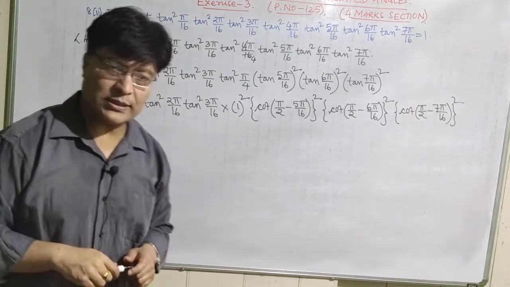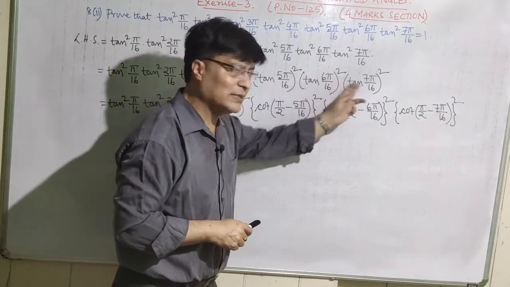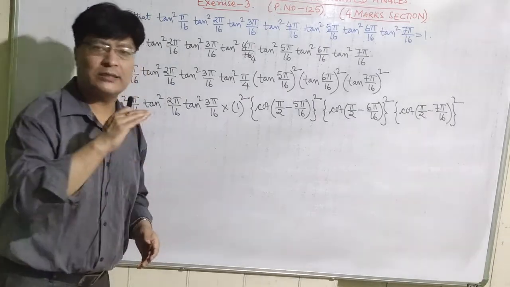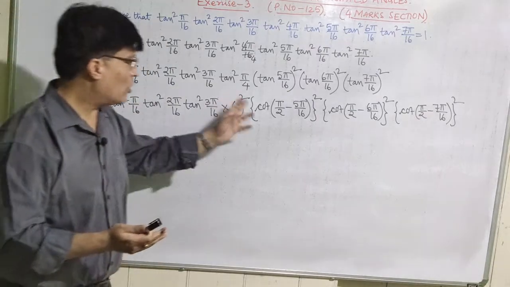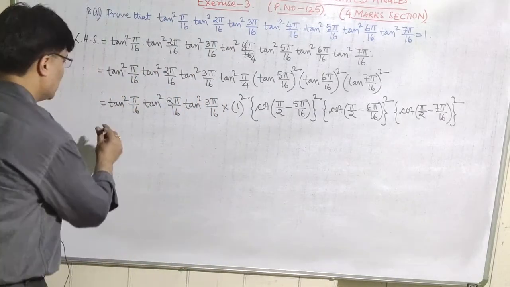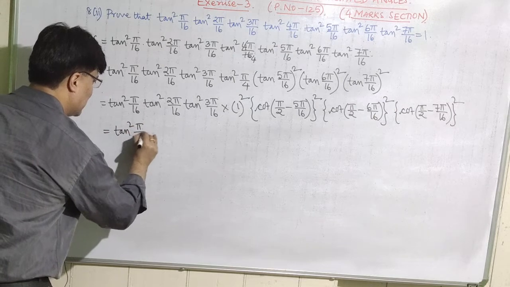So I think you have understood it. So we have converted these last three tan in terms of cot by writing cot 90 minus theta or cot pi by 2 minus theta. Okay. So now again let us keep them as they are.